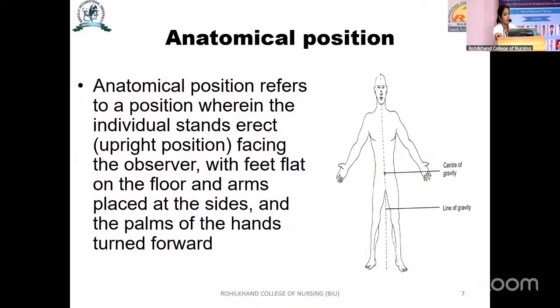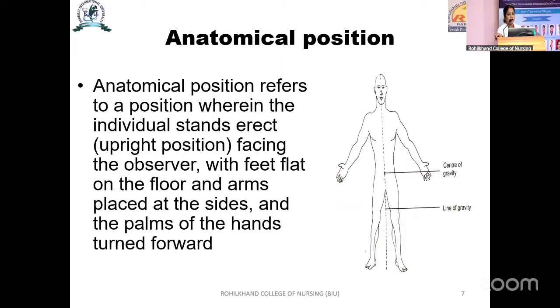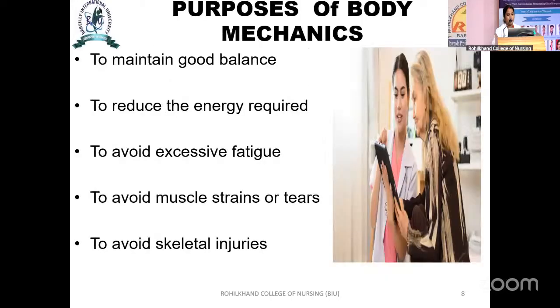So here is the anatomical position of body mechanics. Anatomical position refers to a position wherein the individual stands erect, in an upright position, facing the observer, with feet flat on the floor, arms placed at the side, and the palms of the hands turned forward.